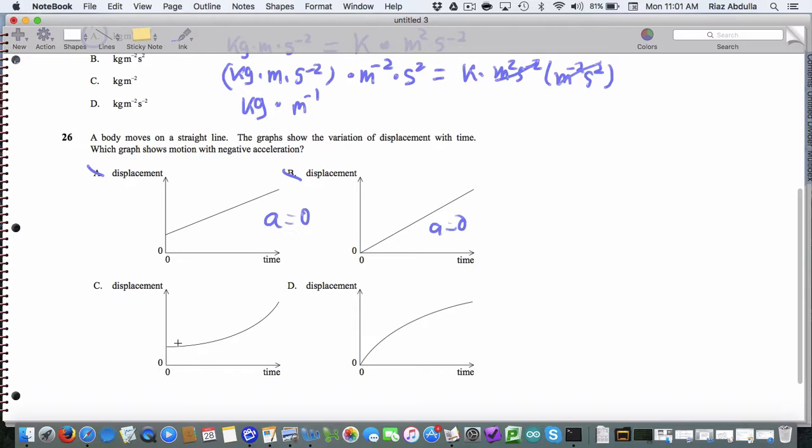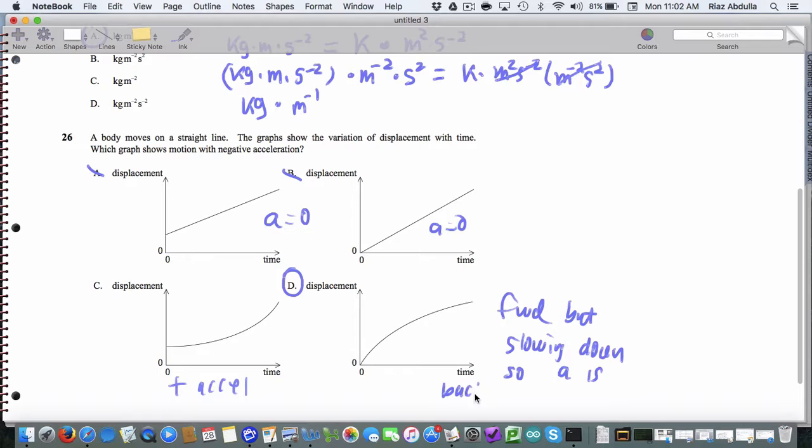It's not just that we're speeding up, it's that we're speeding up in a positive direction, so this is positive acceleration. This here is negative acceleration. Yes, we're moving forward, but we're slowing down. So a is backwards, or negative. That's the idea.